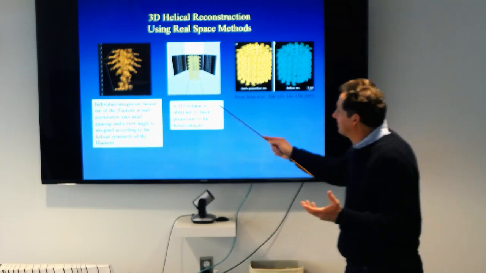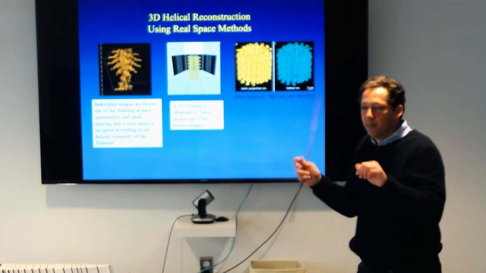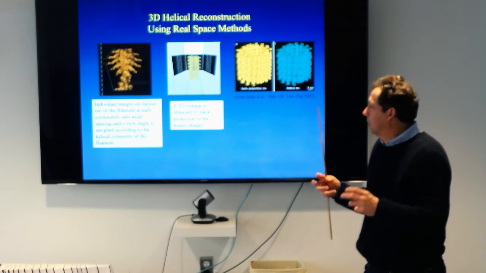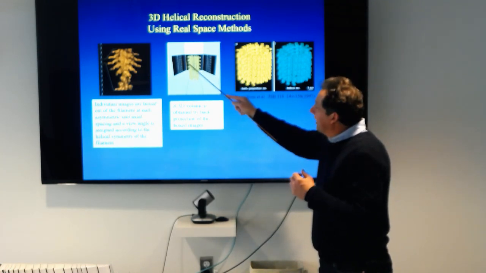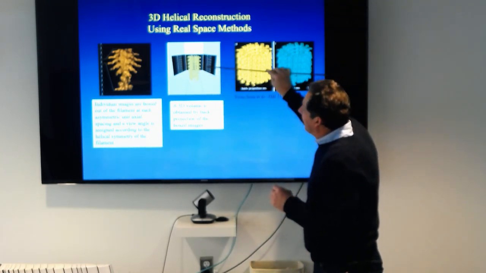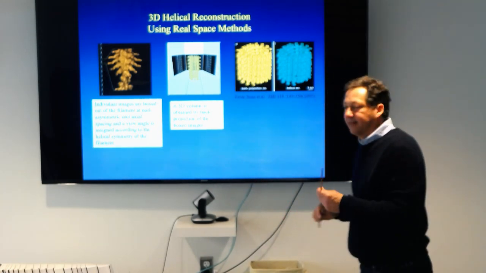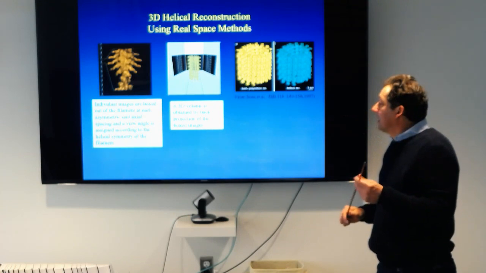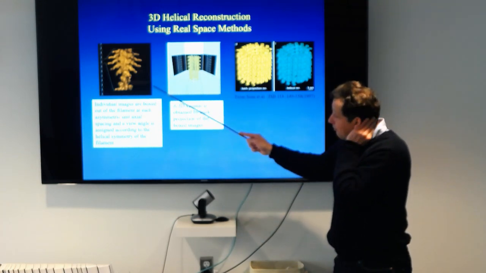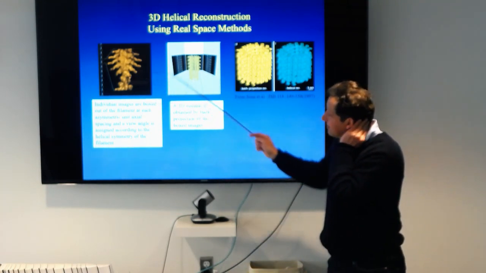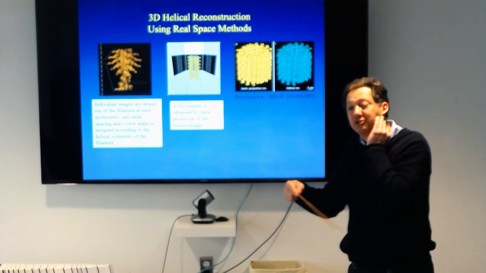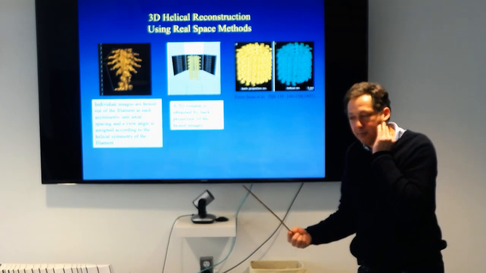And in all these single particle approaches, what you do is isolate little segments of your filament and then use them. It's interesting that when we first started using this method, we didn't use refinement as you do in single particle.